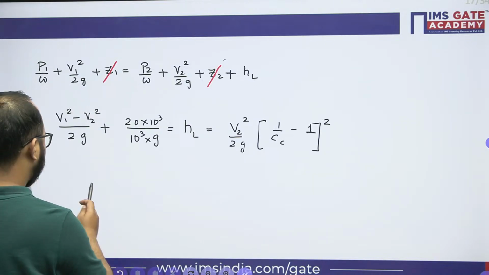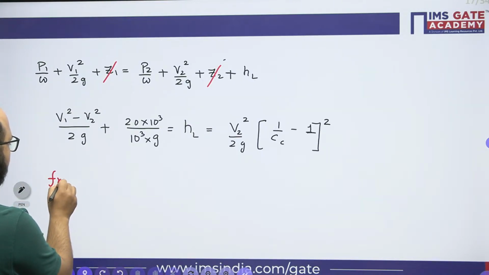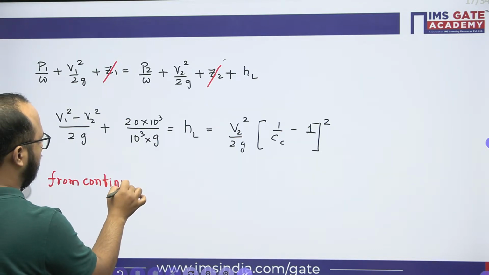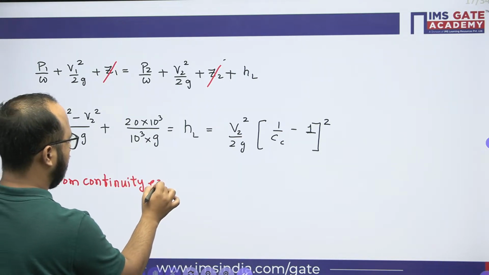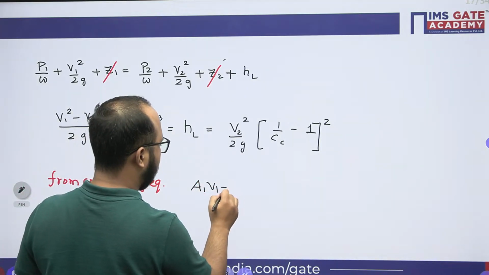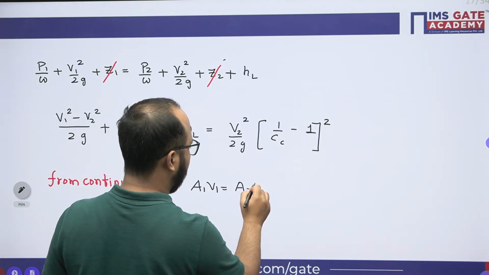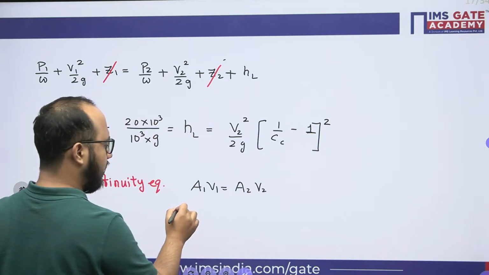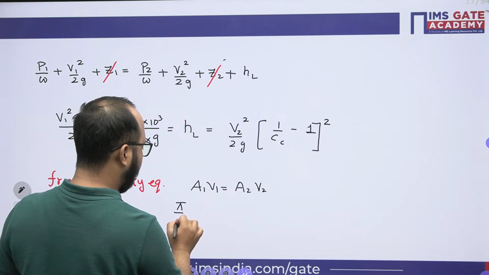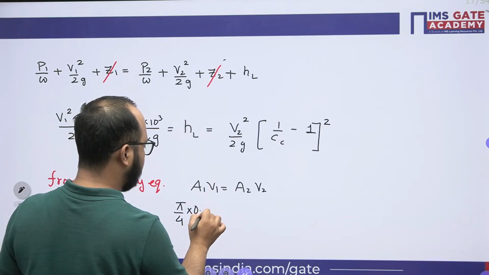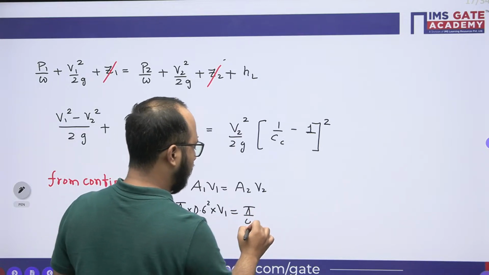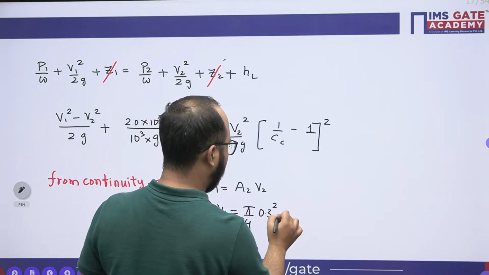From the continuity equation, area A1 V1 equals area A2 V2. Simply I will write pi by 4 into 0.6 square into V1 equals pi by 4 into 0.3 square into V2.